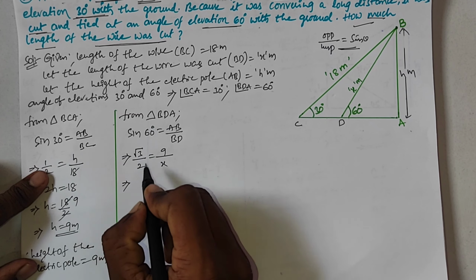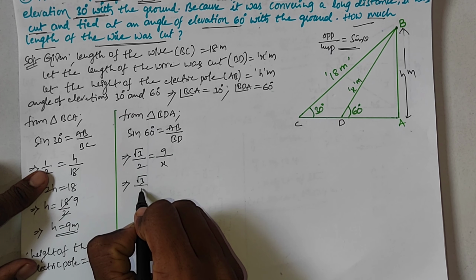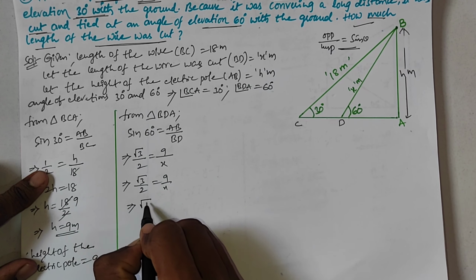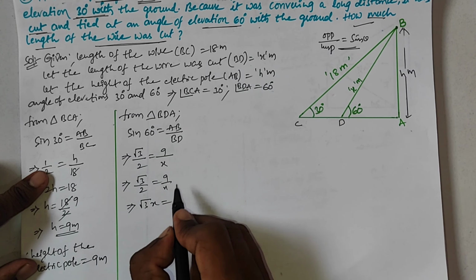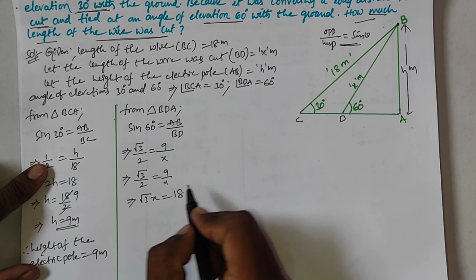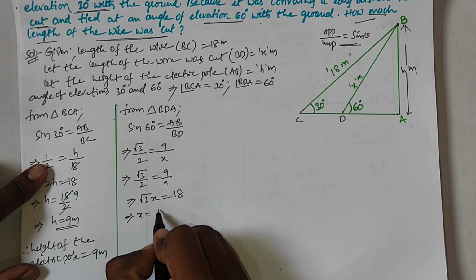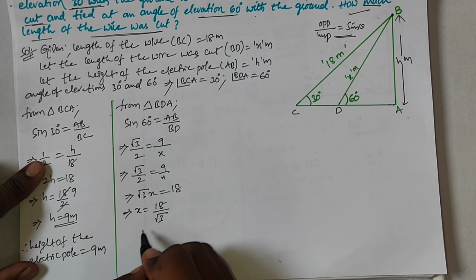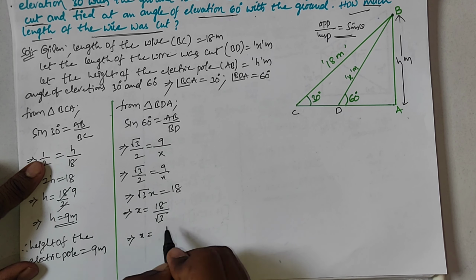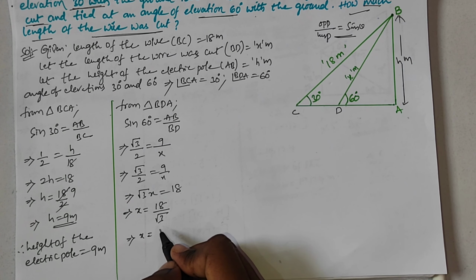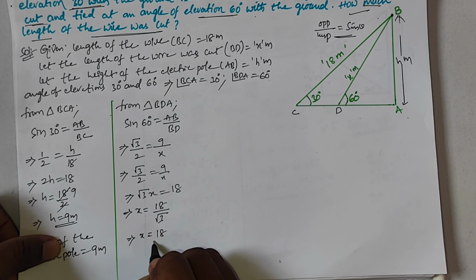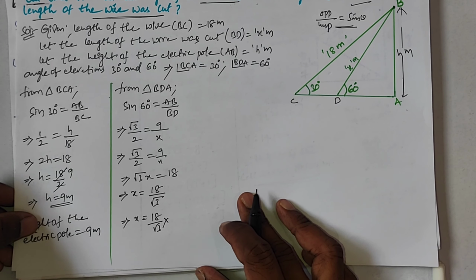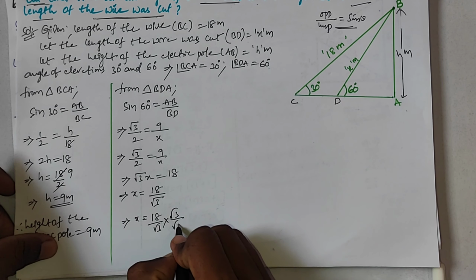This implies root 3 by 2 is equal to 9 by x. Doing cross multiplication, root 3 into x becomes root 3 x is equal to 2 nines are 18. Now we have to find the value of x here. X is equal to 18 by root 3. When we get root 3 in the denominator, we have to rationalize it. So 18 by root 3, rationalizing the denominator, multiply and divide by root 3.